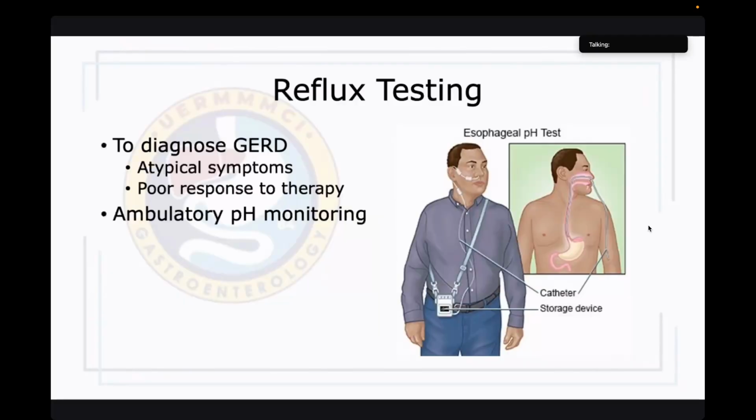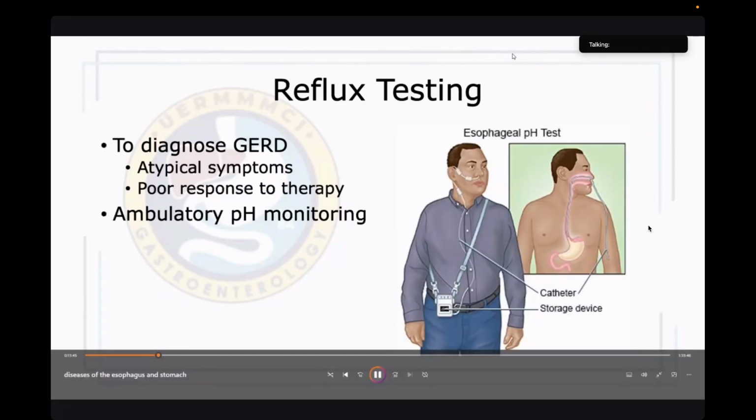Next is reflux testing. This is used to diagnose gastroesophageal reflux disease. But we know that GERD is a condition that can be easily diagnosed clinically or just based on the presenting symptoms of the patient. But in patients who have atypical symptoms such as chest pain, cough, or those in whom the diagnosis of GERD is uncertain, then reflux testing will be very helpful. So, how is reflux testing done?